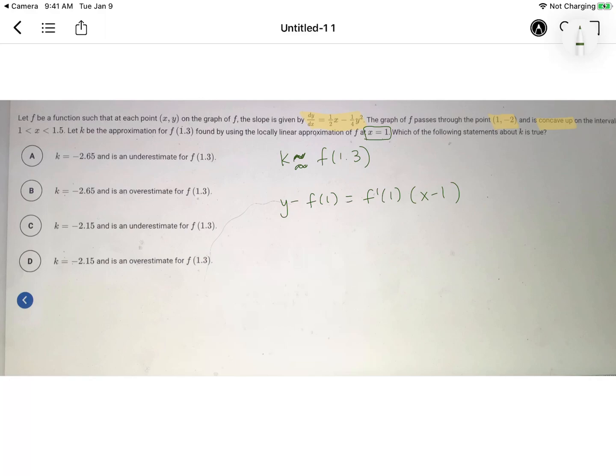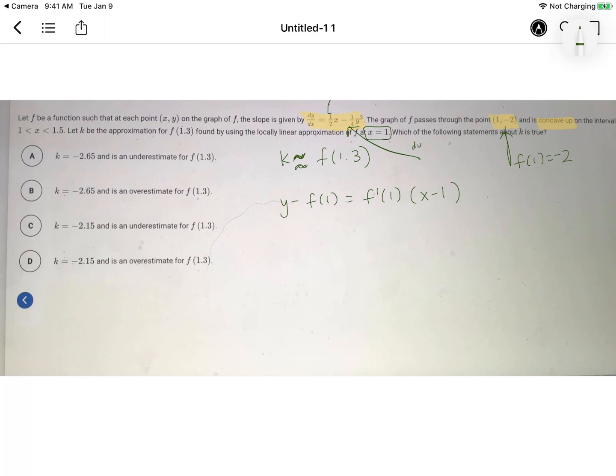So here is my point. That tells me that f of 1 equals -2. And then I can use my derivative by plugging in the point. I'll plug in 1, -2 to find what the slope is, because the slope will tell me the derivative, right?